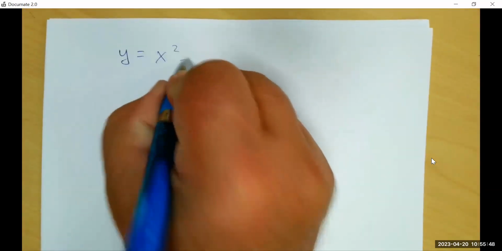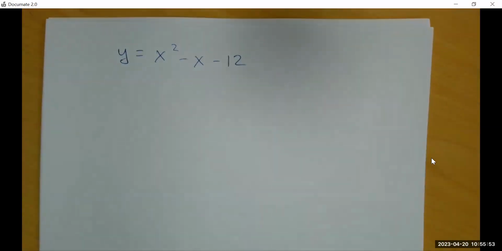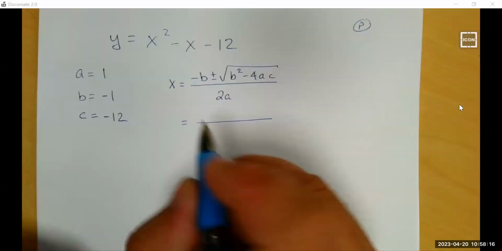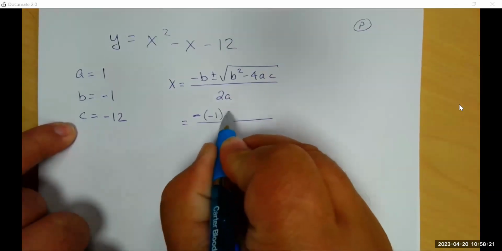Let's do another one. x squared minus x minus 12. So there's a negative in front of b, and b is negative 1.